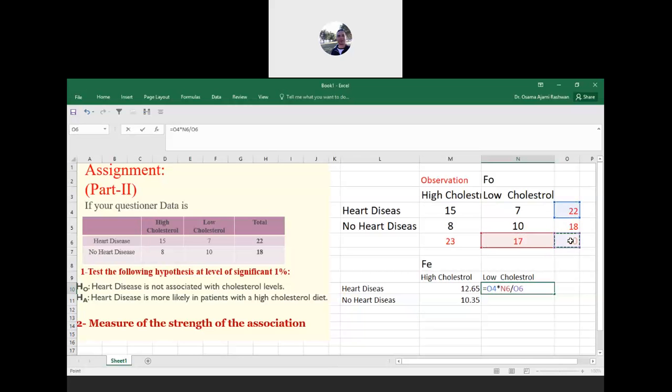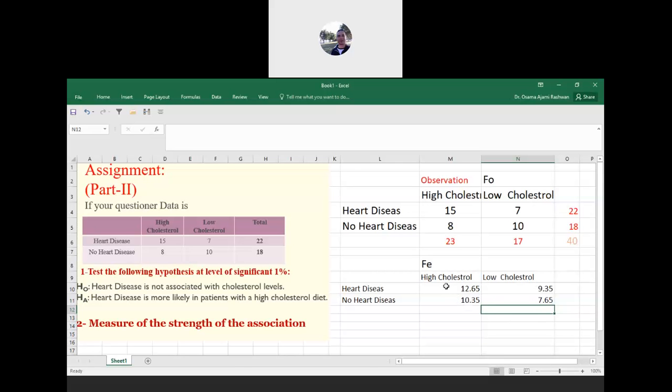Press equal. This is for number 10, so I go for the sum of the row of number 10, shift and 8, and the sum of the column of number 10, divided by the total. Now I have the expected values, right?